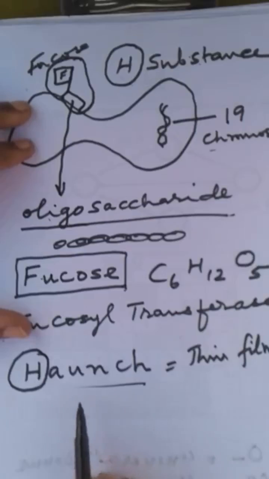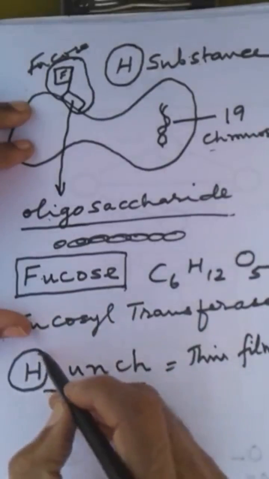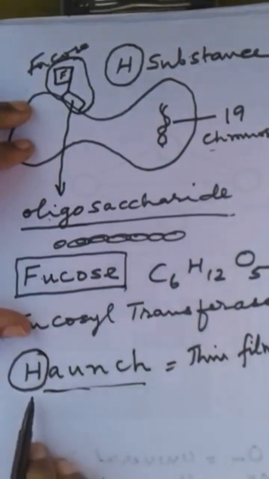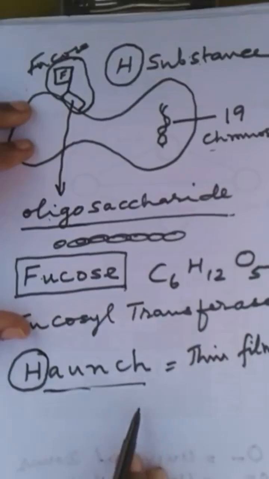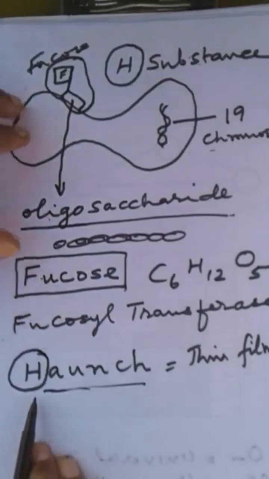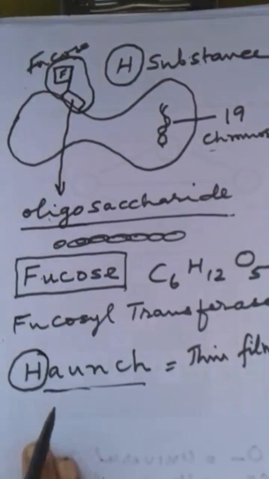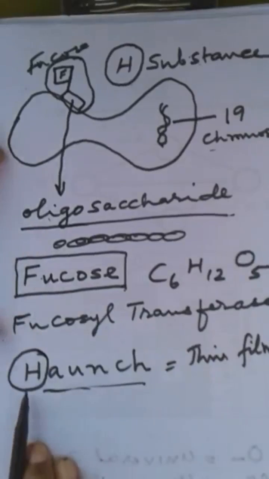But later, in our medical terminology, the doctors who came after were of the opinion that this H came from histology. Histo means tissue, so this H belongs to that histo. That is not the true story. The true story is this. Haunch is a German word.